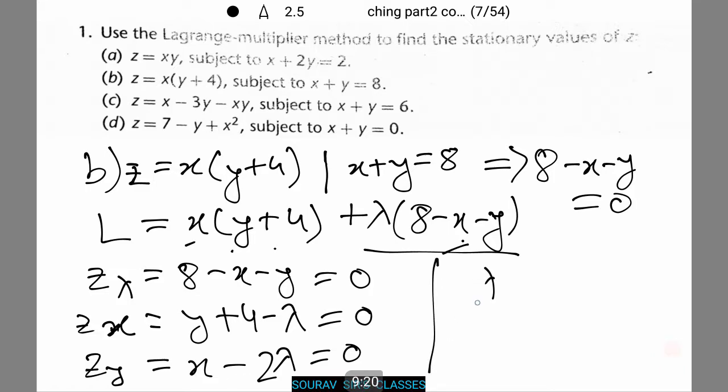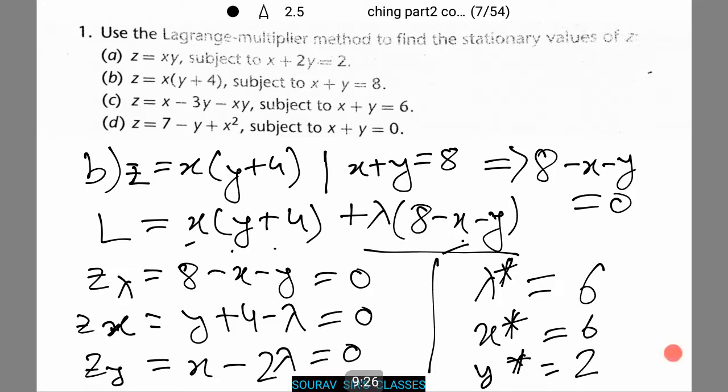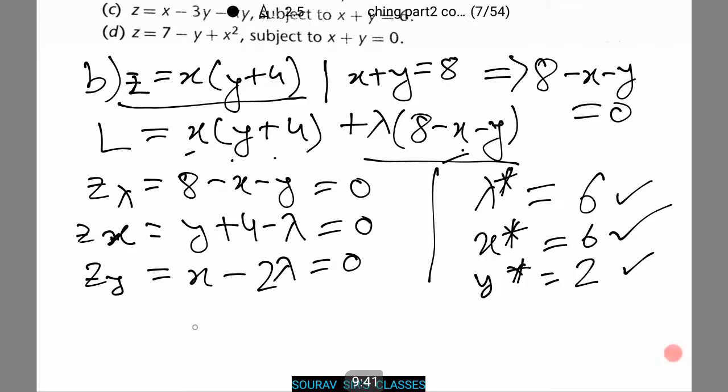From here we'll find lambda star, x star and y star. Let's see what it comes to. Thus lambda star is obtained as 6, x star is obtained as 6 and y star is obtained as 2. Now we'll put all these values in this function. Let's see what the value of z star comes to.